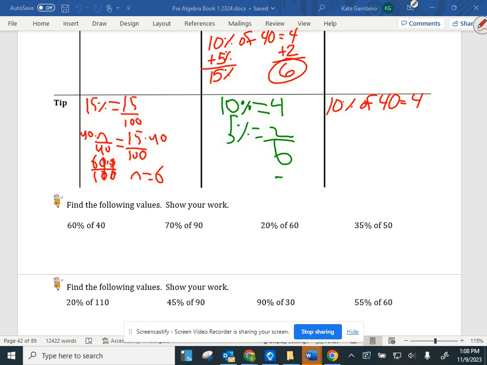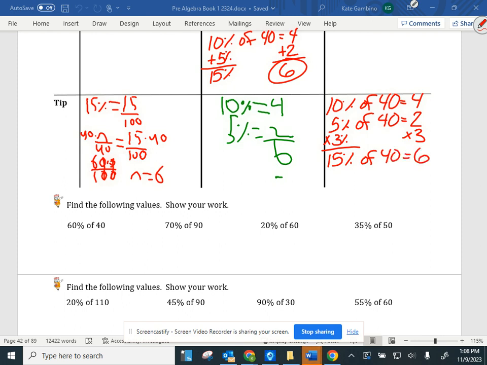I can break that 10% down to 5%. So 5% is half of 10%. So 5% of 40 is 2. And then I'm going to multiply by 3. So I get 15% of 40 equals 6.